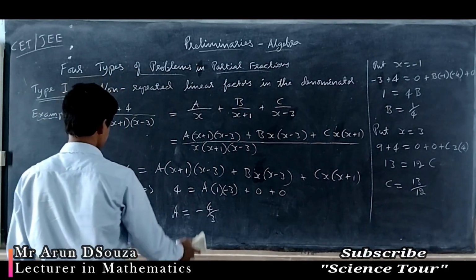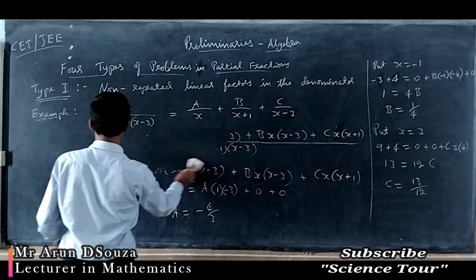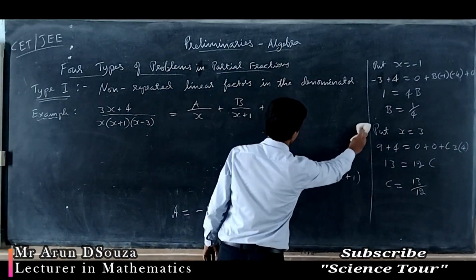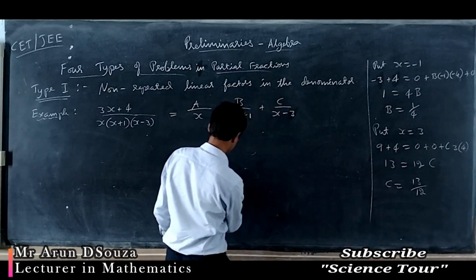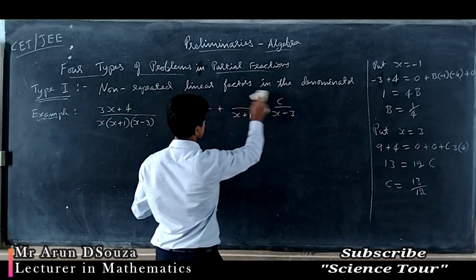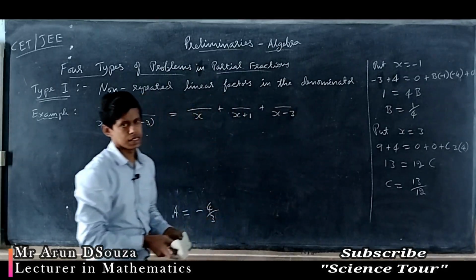Okay, so now finally I need to substitute the values of a, b and c. Okay, so let me substitute the values of a, b, c here, and that's it.